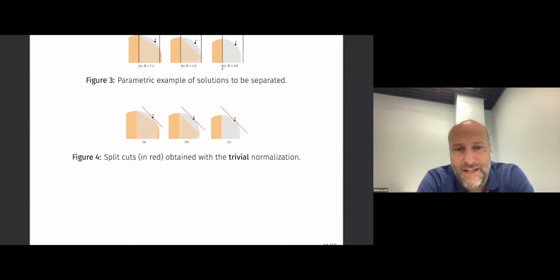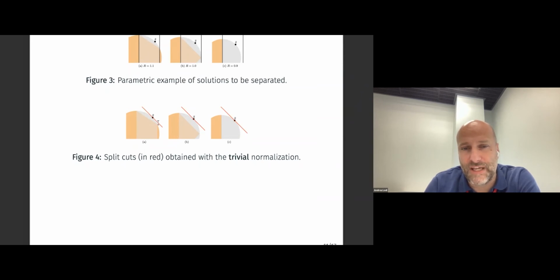For example, the trivial normalization, unfortunately, is still quite used in the linear case. It's known not to be good, but not terrible. What differs in the conic case is that this normalization becomes terrible, in the sense that the point that I'm trying to separate is not separated.